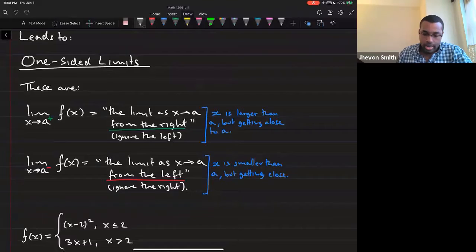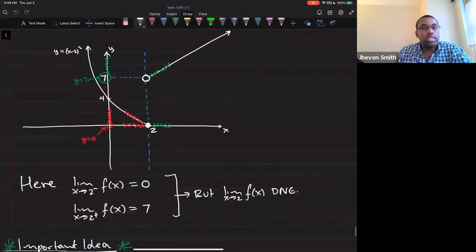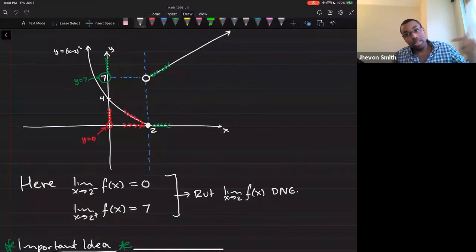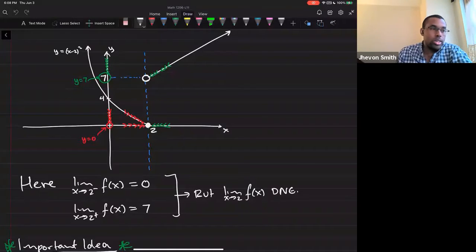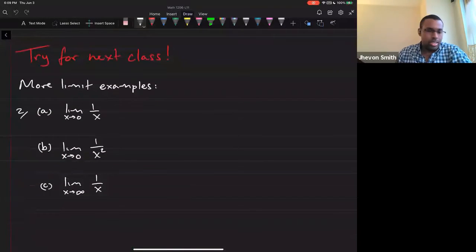So from one side at a time, we could give some sort of answer: as we approach from the left side, the outputs are getting close to 0. If we approach from the right side, they're getting close to 7. Overall, the limit doesn't exist, but from one side at a time, we can talk about limits and they exist, right?